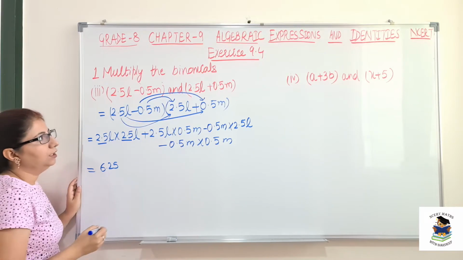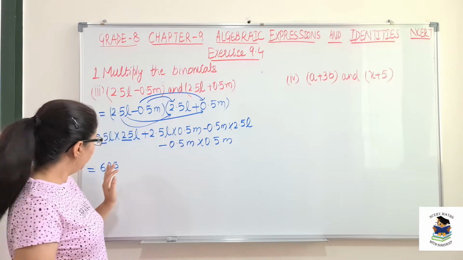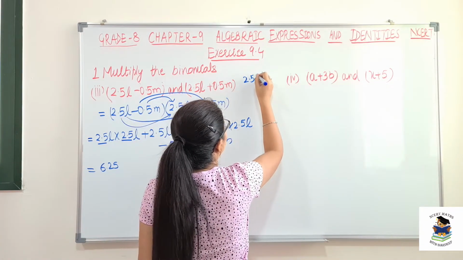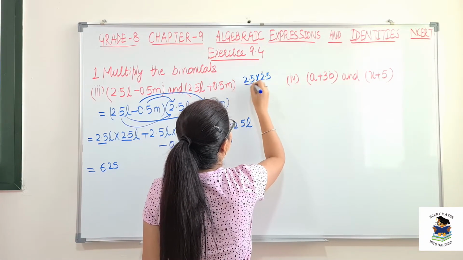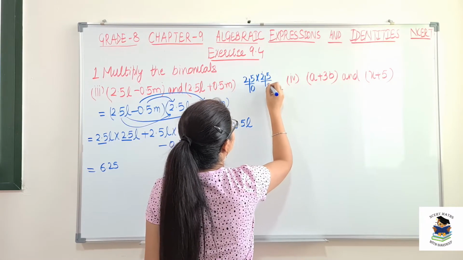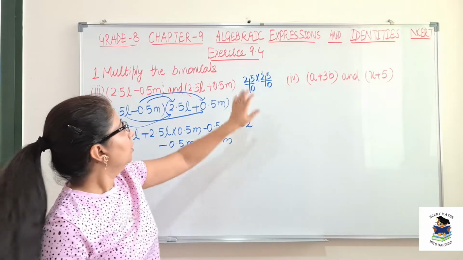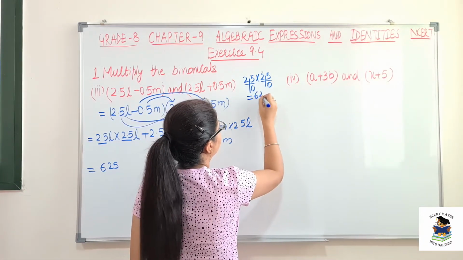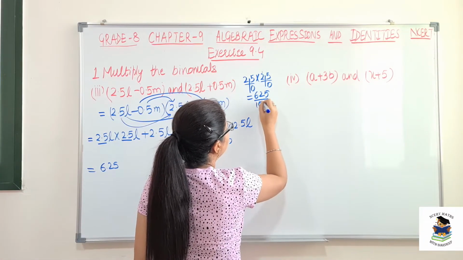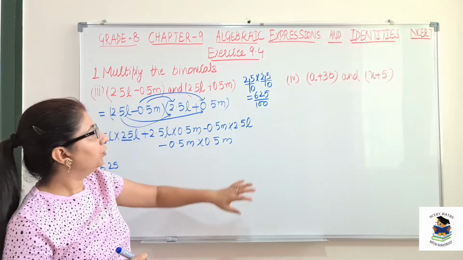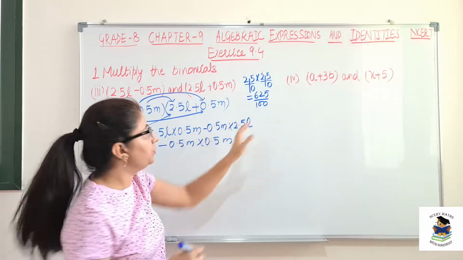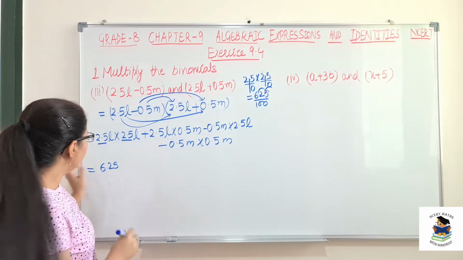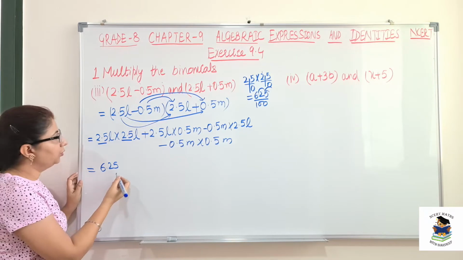Let me show you how I get 6.25. See, 2.5 multiplied by 2.5, you should remove the decimal like this. Now 25 into 25 is 625, over 10 into 10 is 100. Now how to put the decimal? Since we have two zeros, our decimal will come here. So that is why I have written 6.25.